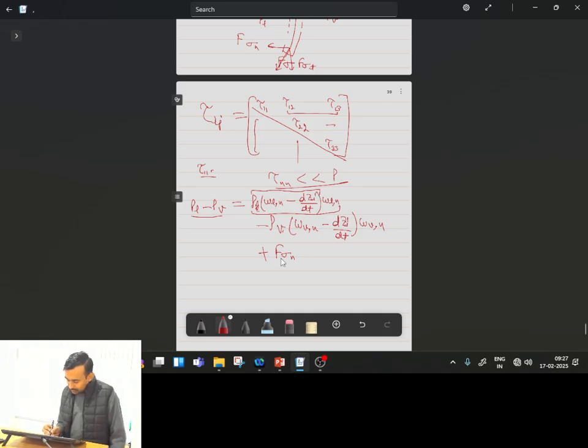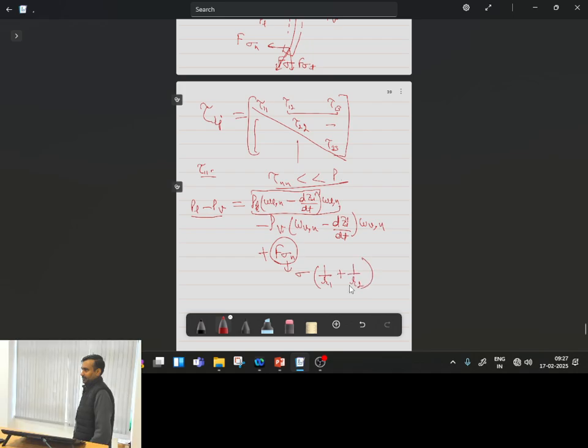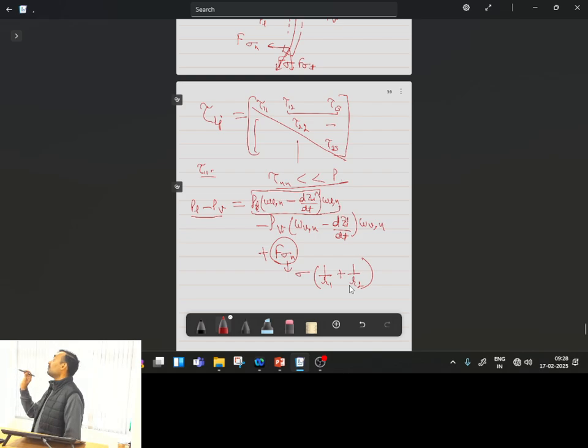Now, what will be F sigma? The other terms will remain as they are, but F sigma n we already know is equal to sigma times 1 by R1 plus 1 by R2. All are clear with this point? What is the surface tension force in the normal direction?